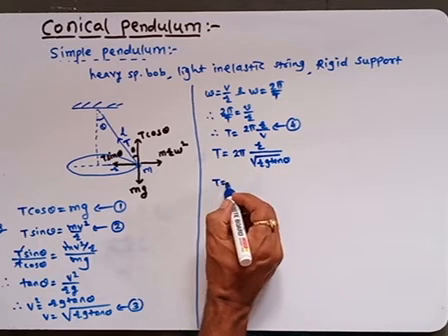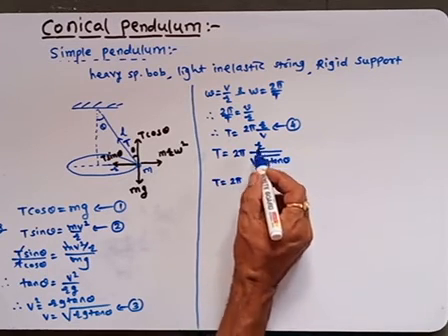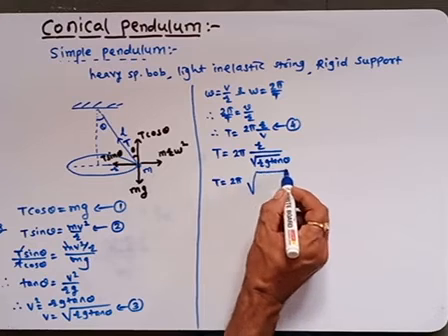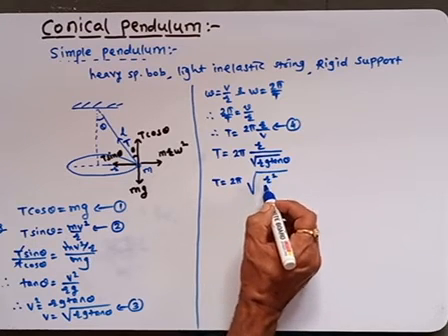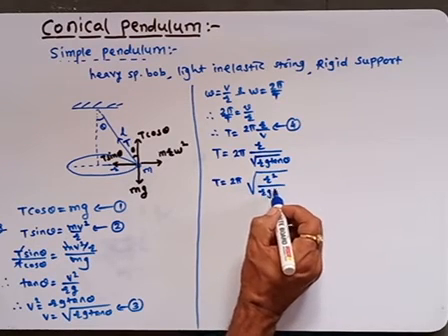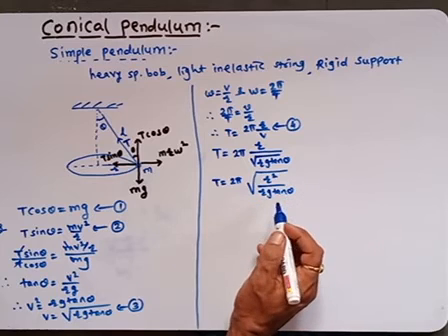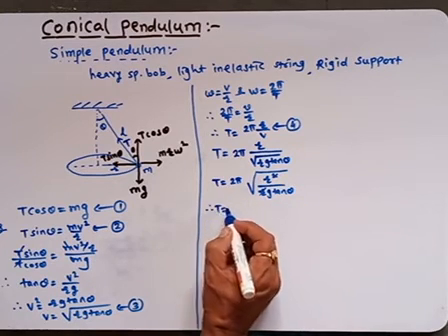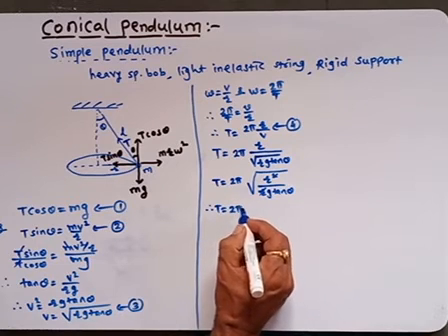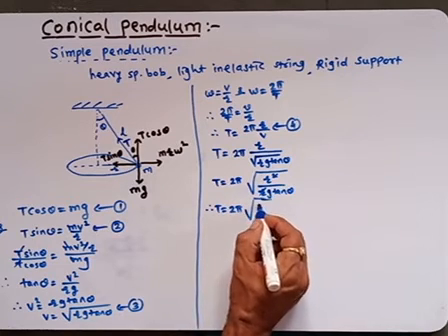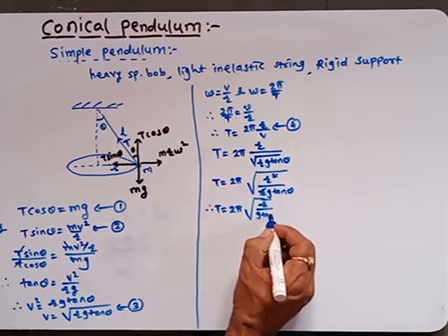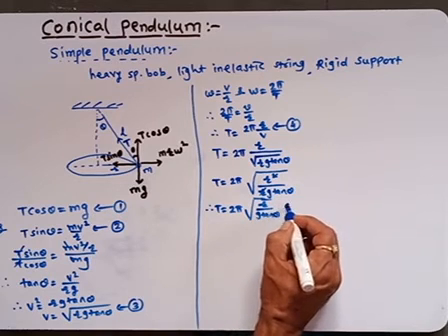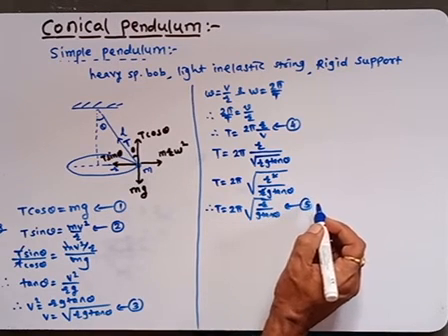If we take all this into the square root, then instead of r we write r square upon r g tan theta. Now one r gets cancelled. Therefore, T is equal to 2 pi square root of r upon g tan theta. Suppose this is equation number 5.